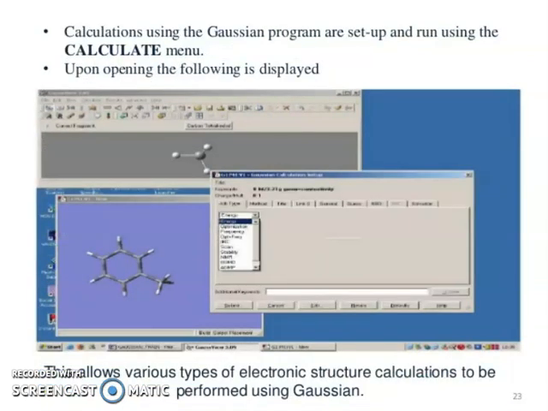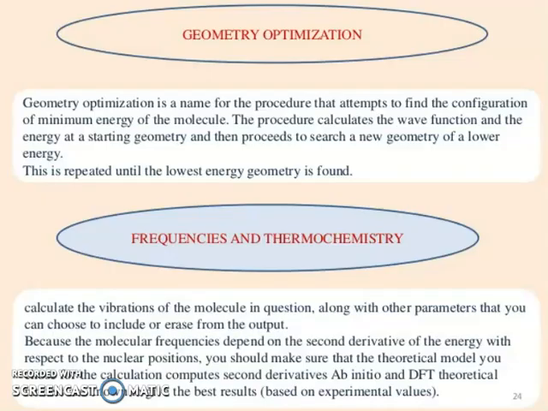So calculate using the Gaussian program, or set up and run using the Calculate menu. So there is a menu in Calculate. Upon opening, the following is displayed. This allows various types of electronic structure calculation to be performed using Gaussian. So first, geometry optimization. Geometry optimization is the name for the procedure that attempts to find the configuration of minimum energy of a molecule.